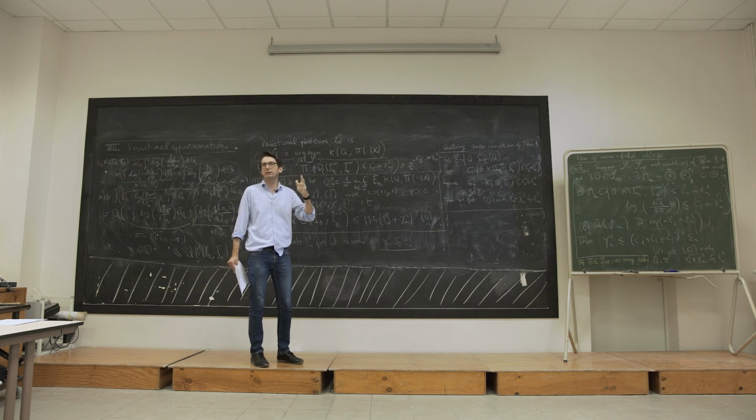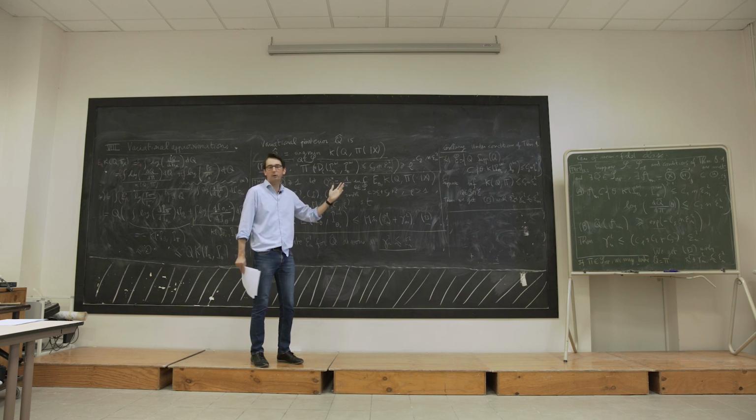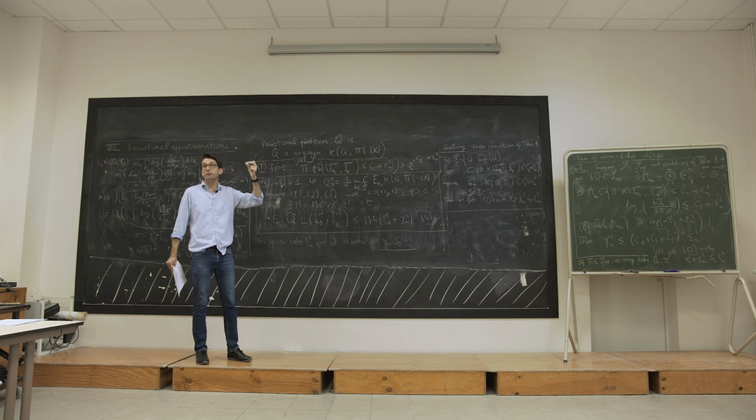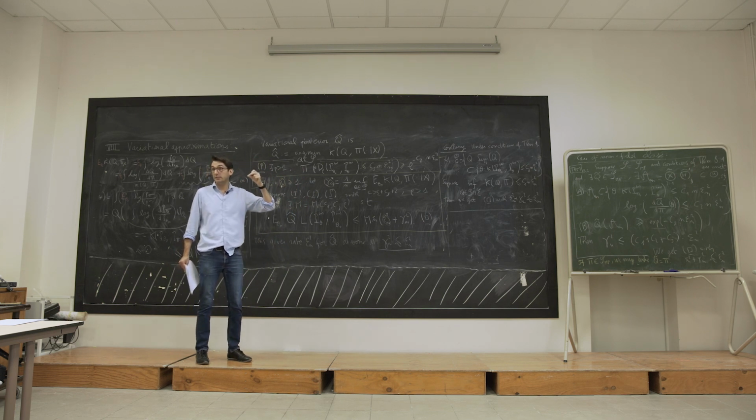Suppose you have an estimator like the posterior mean or the lasso, a good estimator. You could consider just a product of Dirac masses at the components of this estimator.